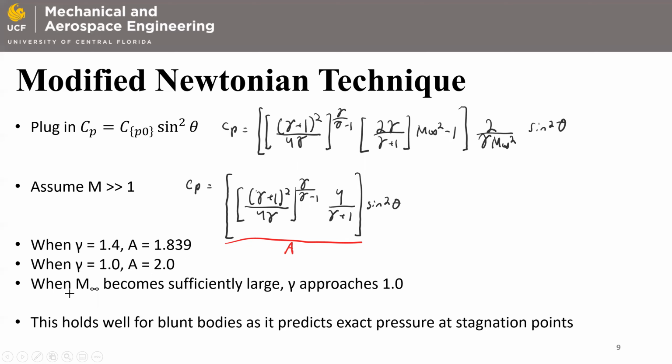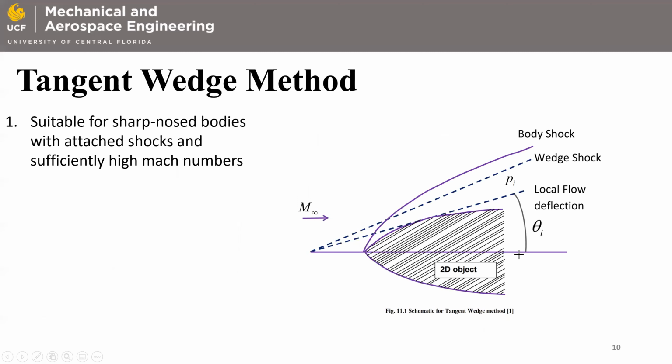And when Mach numbers become sufficiently large, your gamma does approach 1 anyway. This being your specific heat ratio of normal air, and this being the specific heat ratio with increasing Mach number. This method holds well for blunt bodies because it predicts the exact pressure at stagnation points, and that's useful.